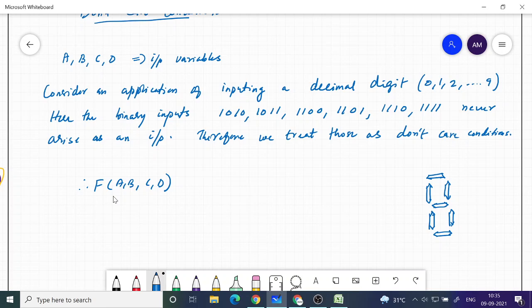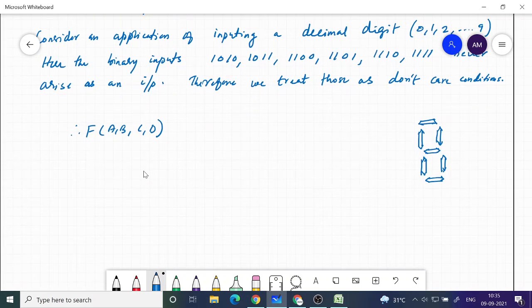These are the 7 segments, and they are numbered A, B, C, D, E, F, G. So this is E. When you want to display any of the decimal digits, you give input from 0000 to 1001, and depending upon the digit we need to light up a chosen number of segments in order to display that digit.